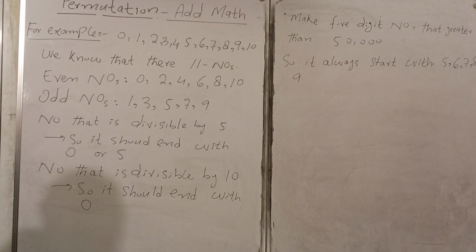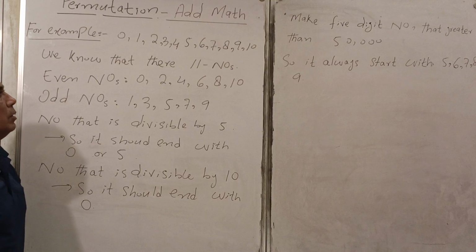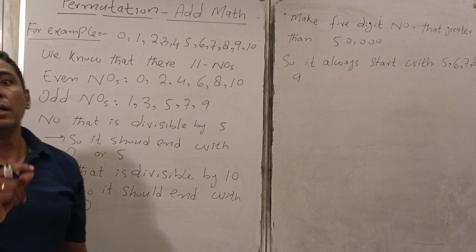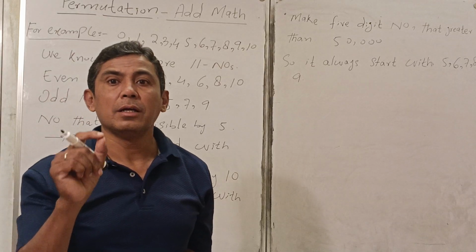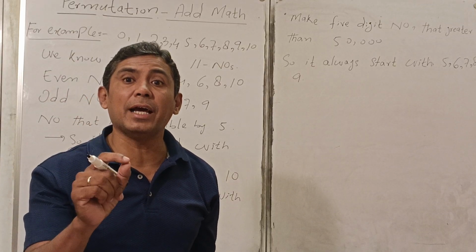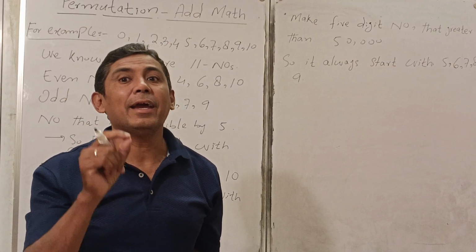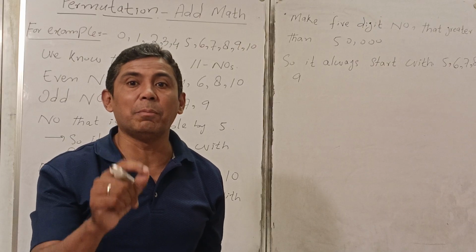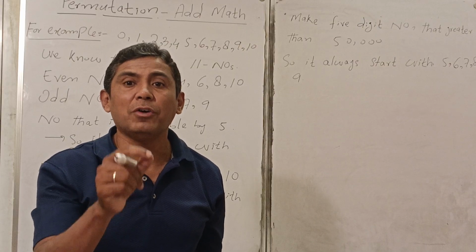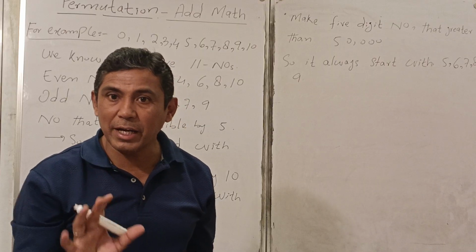So if I ask you to make a 6-digit number, clear? It means that it will be greater than, not 50,000, a 6-digit number will always be greater than 5 lakh or 7 lakh. Why? Because 6-digit numbers depend on the value of lakhs. Am I right? Yes.